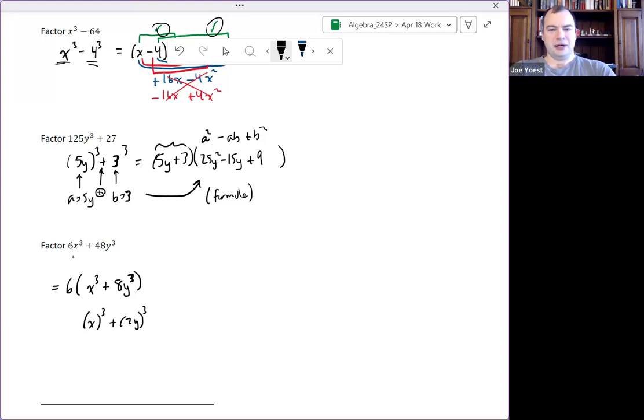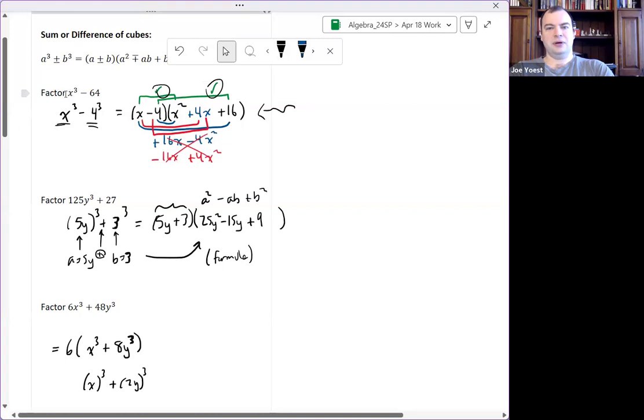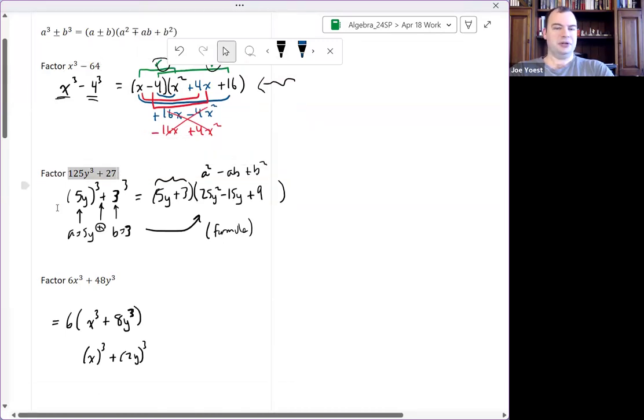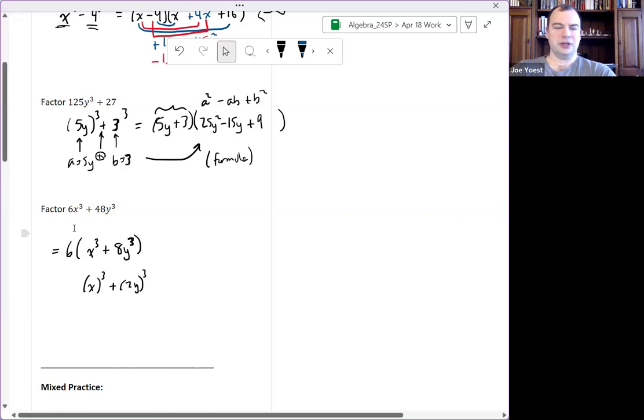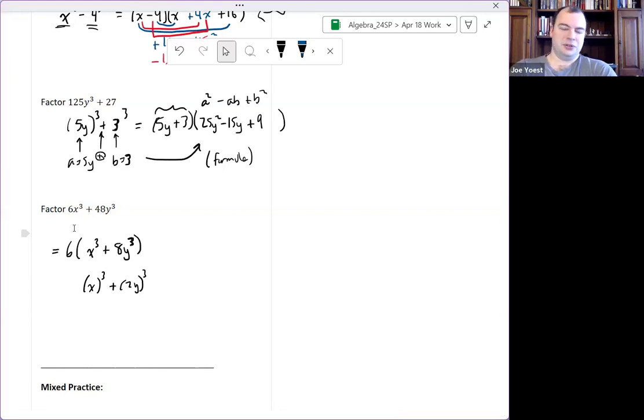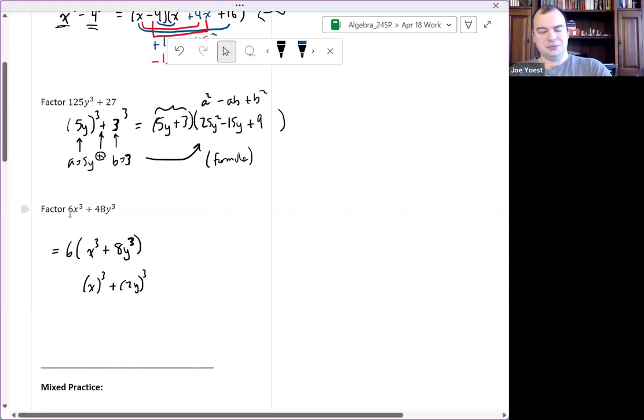Now, does it much matter whether I have a variable term and a constant term like up here in previous examples, or whether I have 2 variable terms with different variables? Well, not really, right? Of course, if it was 2 variable terms with the same variable, we would just combine like terms. But here we have two different variables, but we still have the same pattern.